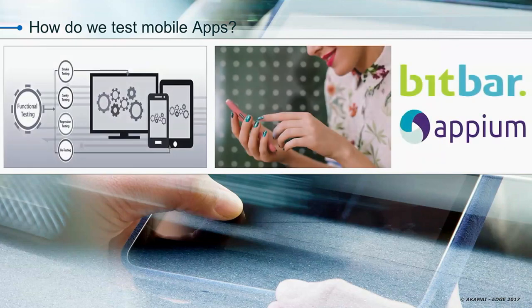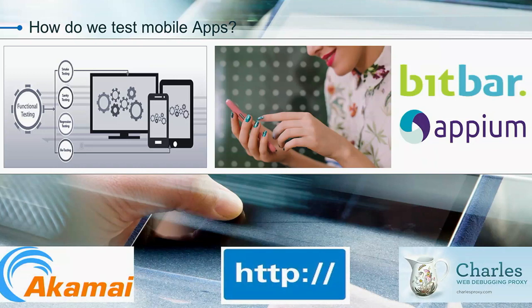So you use things like Bitbar or Appium, the framework, or if you want to do performance testing, I'm not sure if you guys are aware of SourceStar offering, but that helps you in load testing, performance testing, and so that's something that you do.